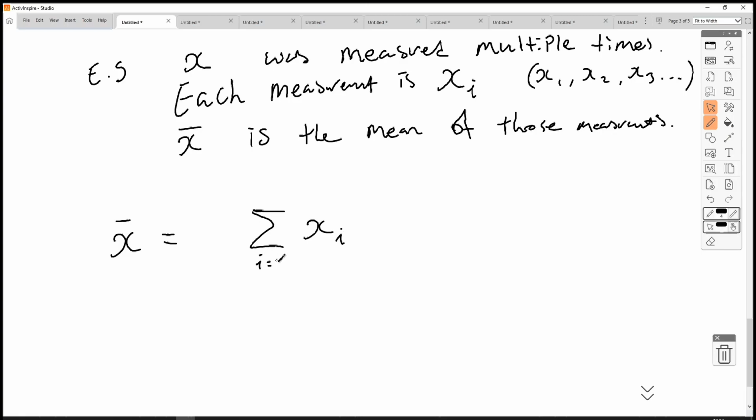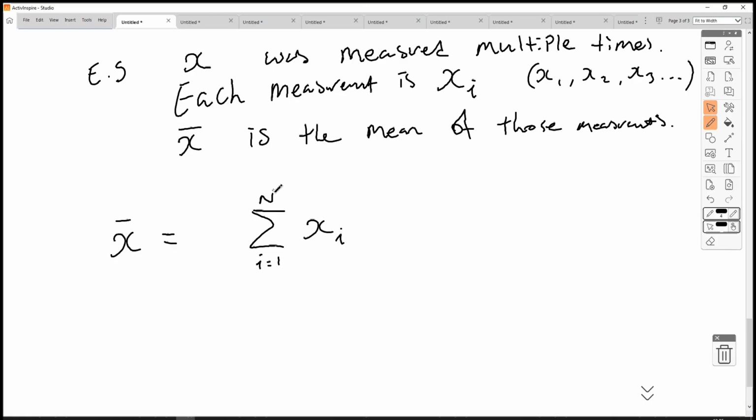So all this sigma symbol means is, start summing up x values where i equals 1, so start with x1, and you add it up, x1, x2, x3, x4, up until you reach xn, which is the last value that you've measured.